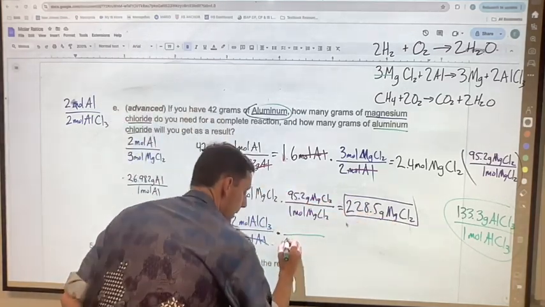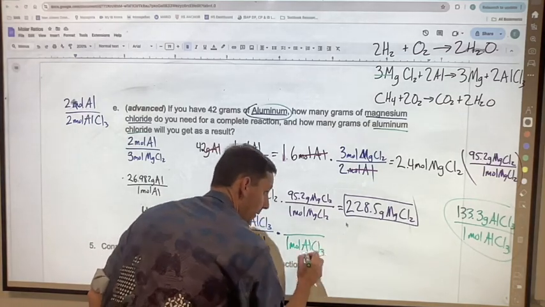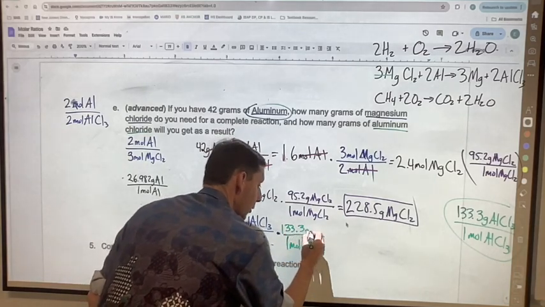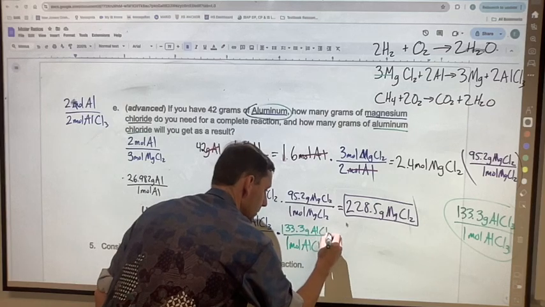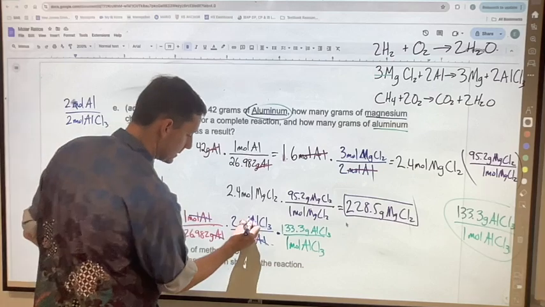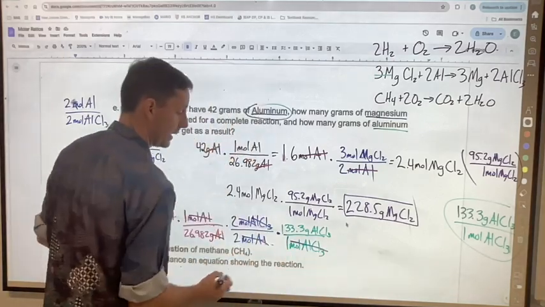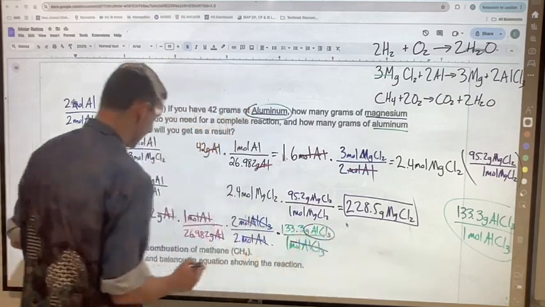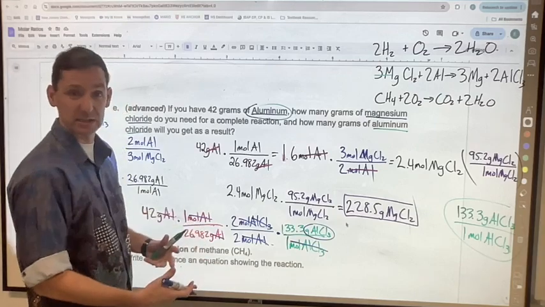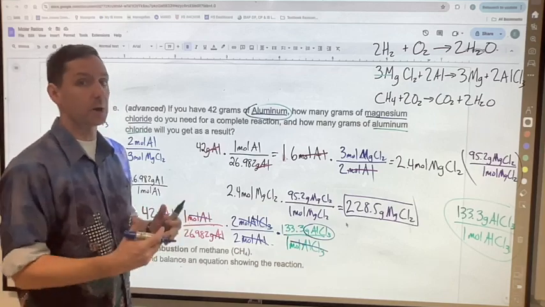So I can put 1 mole of AlCl3 on the bottom and the 133.3 grams of AlCl3 on the top. Once again, we cancel out the units, moles of AlCl3 and moles of AlCl3, leaving us with, you'll notice that all the other units in the problem have canceled out, which means the only units I have left are the AlCl3.